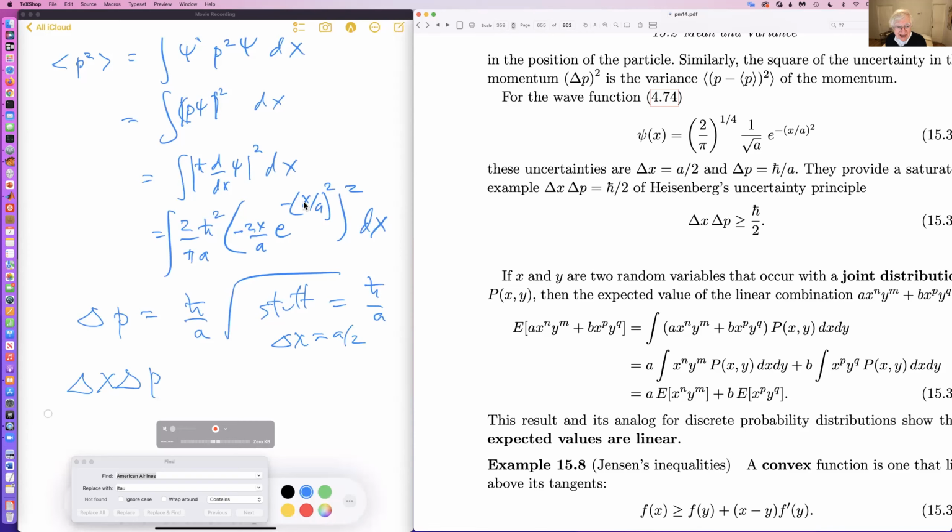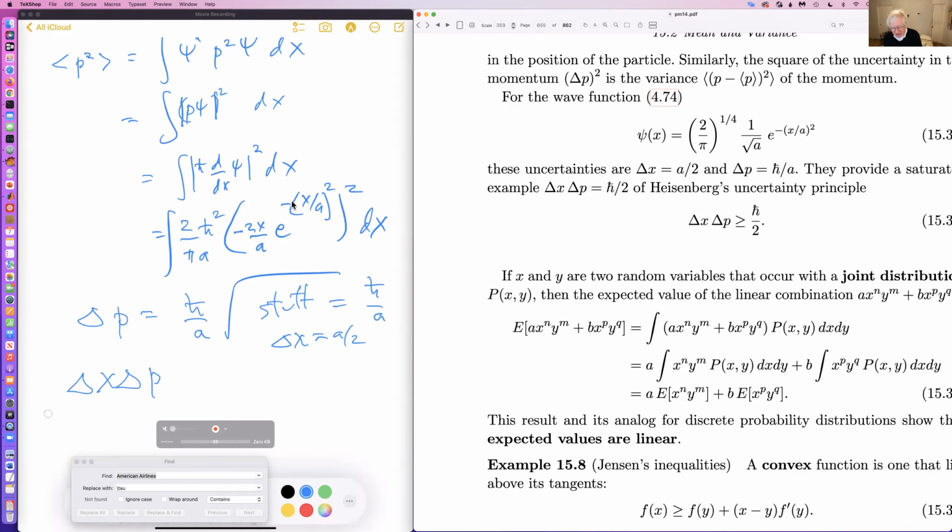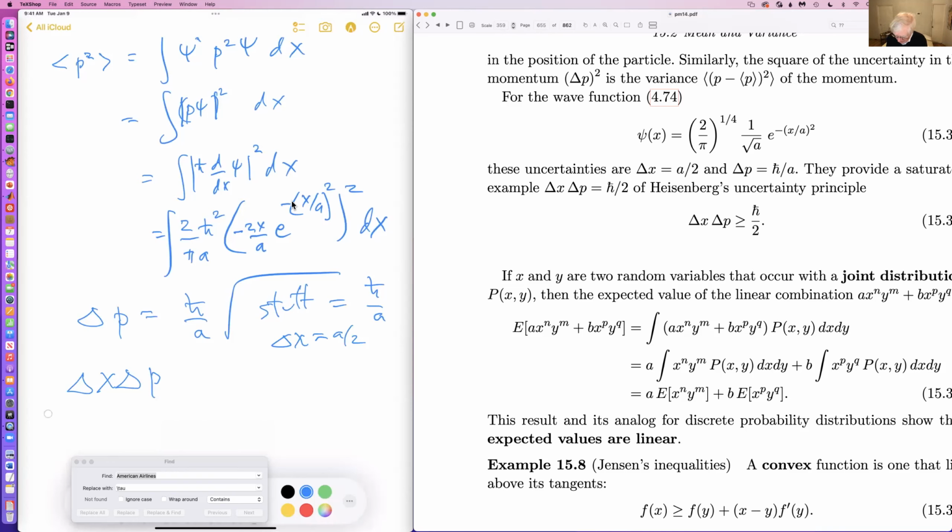When X is a, it's 1 over e squared, which is like a 10th. And so X had better not go farther than about a over 2. Anyway, you multiply those two together, you get h bar over a times a over 2, and that's h bar over 2. And this, in fact, is the minimum. It turns out that these Gaussians are the minimum uncertainty states, and they're related to coherent states, actually.